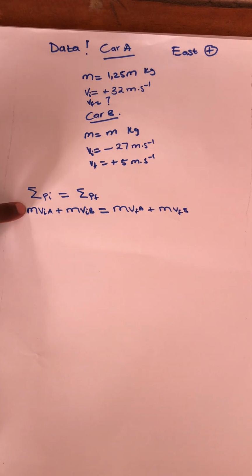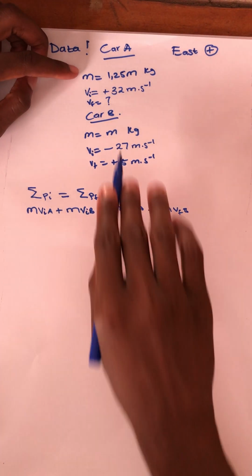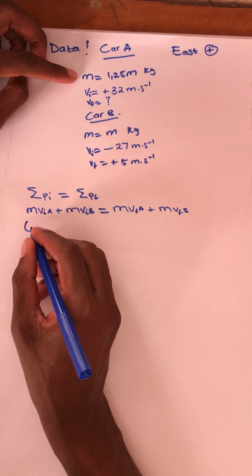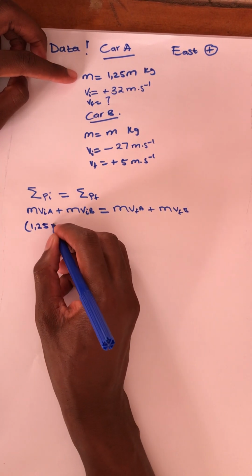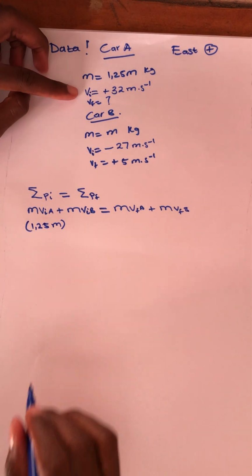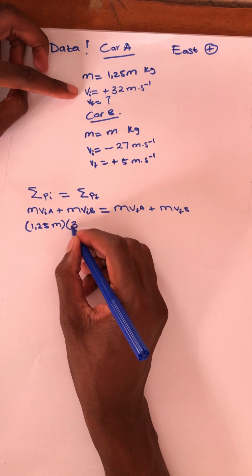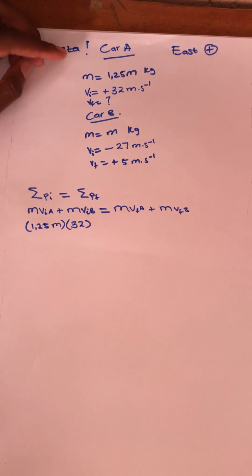Car A, the mass is 1.25 m. The initial velocity is positive 32.